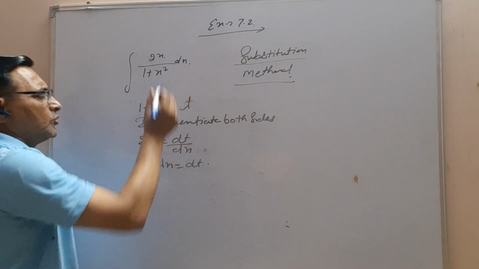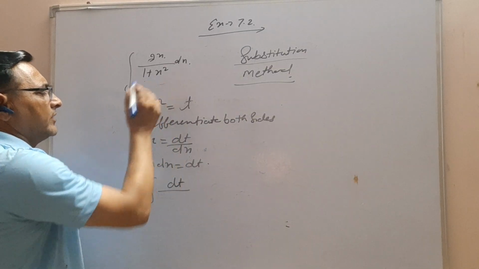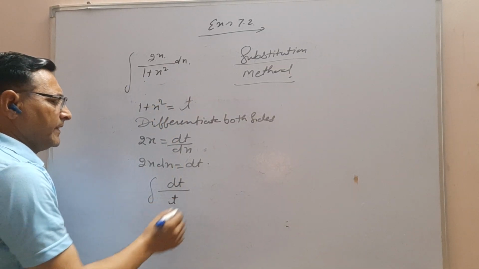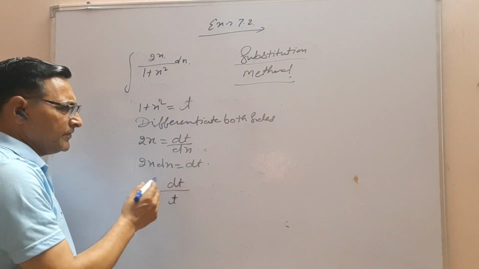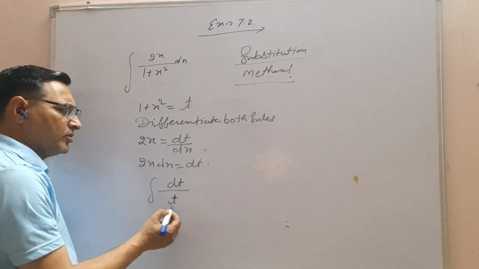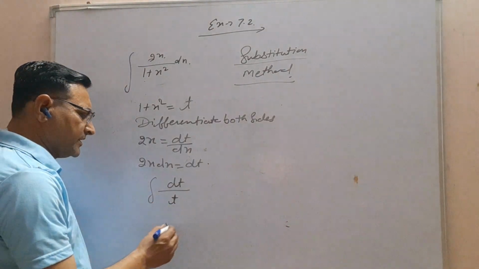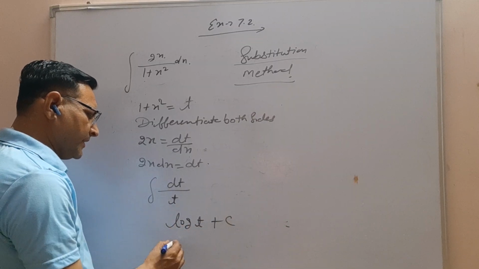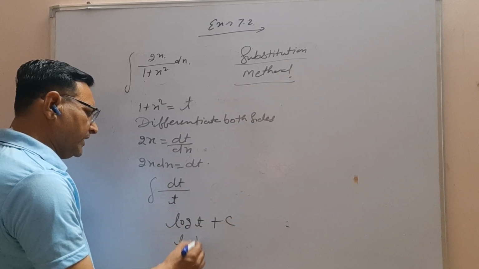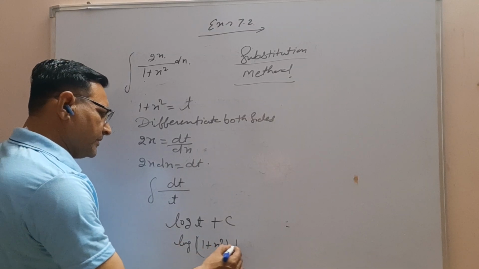In the numerator 2x dx will become dt, and 1 plus x square is t. Now we have to do the integration of 1 by t. If any function in the denominator is a linear function, then its integration will be log of t plus c. Now put here value of t, that is log of 1 plus x square plus c.